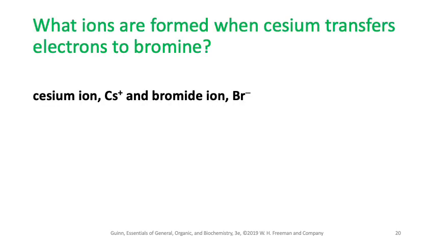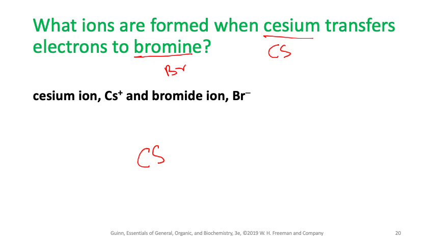What ions are formed when cesium, Cs, transfers an electron to bromine, Br? Cesium belongs to group 1, the alkali metals. If cesium belongs to group 1, how many valence electrons does it have? 1. How many can it donate? 1, because this is a metal, so it can only donate.